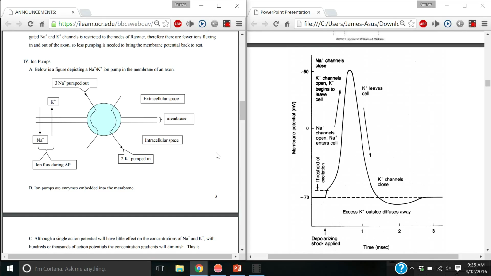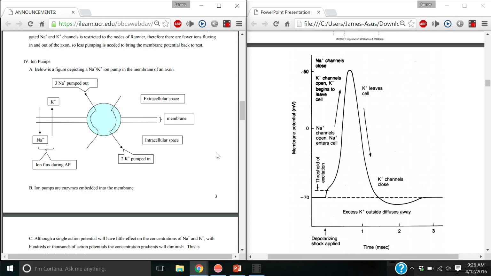With action potentials, you have an influx of sodium and an efflux of potassium. Even though the flux of those ions to produce a single action potential doesn't appreciably change the concentration gradient, eventually, after tens or hundreds or thousands of action potentials, depending upon the size of the neuron, the concentration gradients will begin to decline.